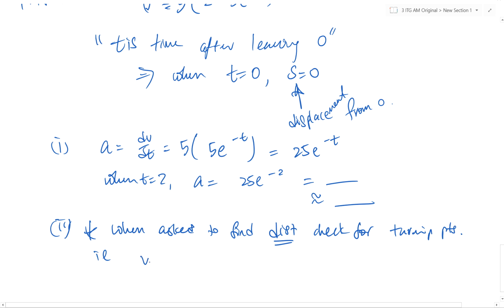That is when v equals 0. Must do that. Otherwise, they might as well ask you for displacement, right? Because that's what you're going to be giving us when you substitute whatever time, in this case time equal to 3, into our expression for s, which is displacement.